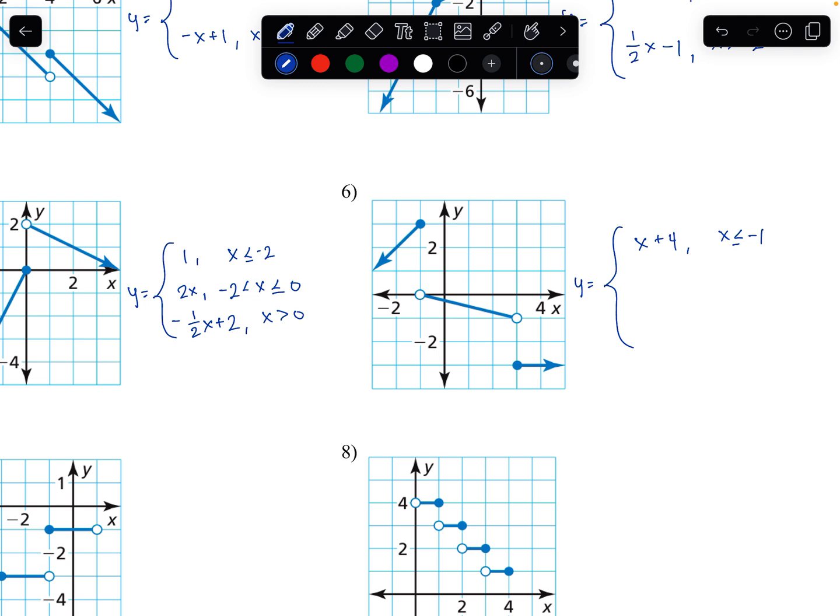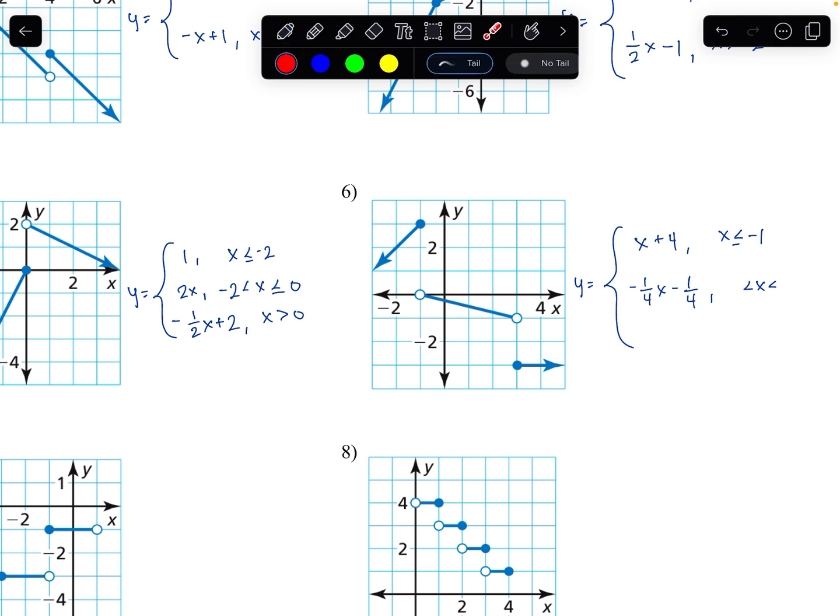The next function that we have, over 1, 2, 3, 4, down 1. So this has a slope of -1/4 x. And that means that every step I go over is a fourth. So that's a fourth, that's a fourth, that's a fourth, and that's a fourth. And so the y-intercept will be -1/4. And this is going to be a compound inequality.